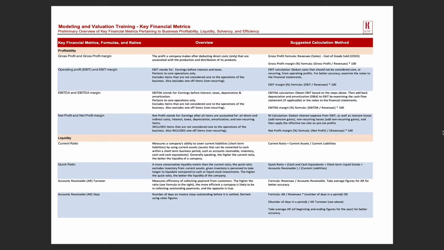But what is it telling me if I divide revenues by accounts receivable? See, a company can book revenues when it completes a service or delivers a product or invoices a customer. But that does not necessarily mean that the customer already paid for that service or gave cash to the company in exchange for that service.